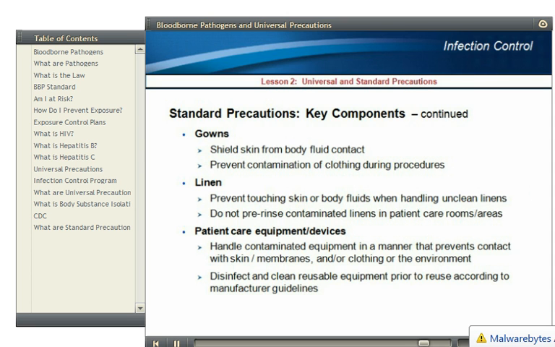Patient care equipment or devices: handle contaminated equipment in a manner that prevents contact with skin or membranes and/or clothing or the environment. Disinfect and clean reusable equipment prior to reuse, according to manufacturer guidelines.